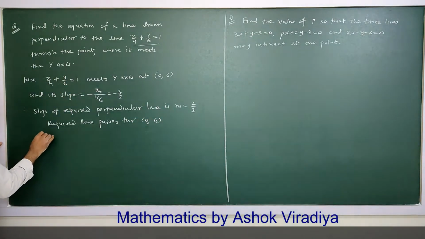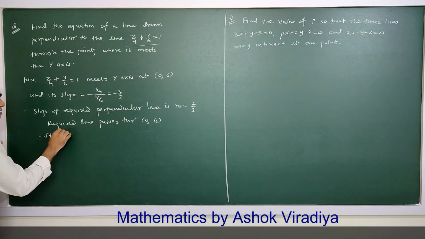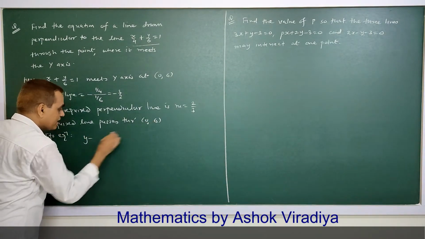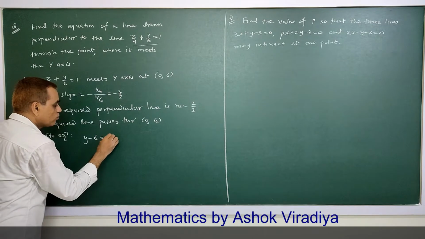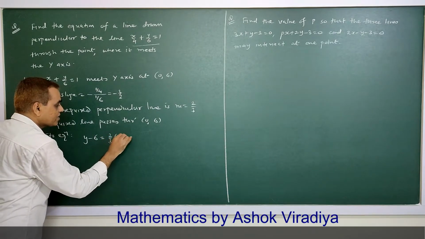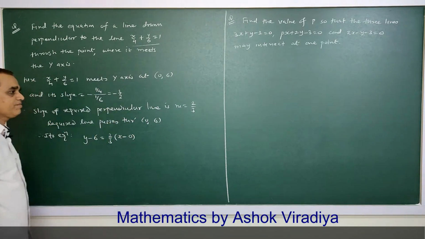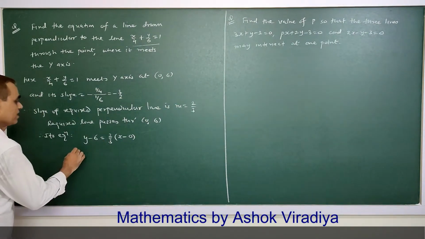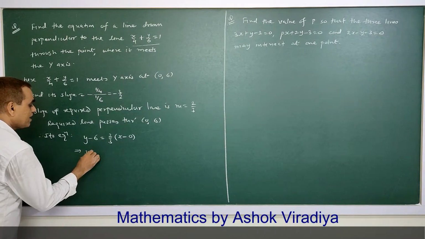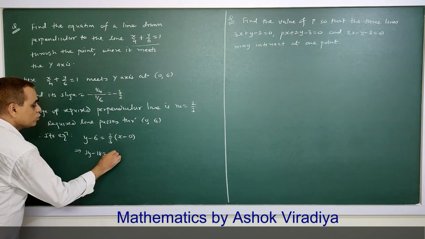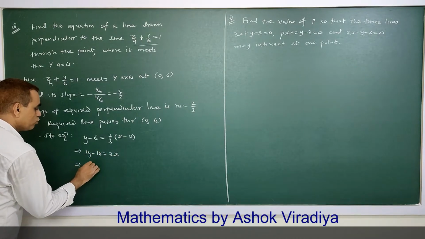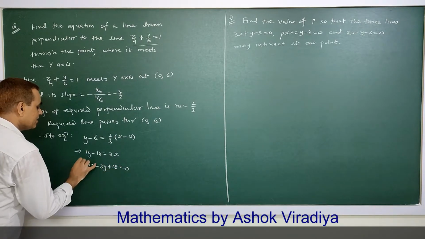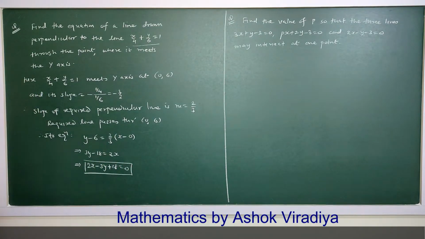So its equation is y minus y1 equal to m into x minus x1, that is 3y minus 18 is 2x. So 2x minus 3y plus 18 is 0. This is the required line.